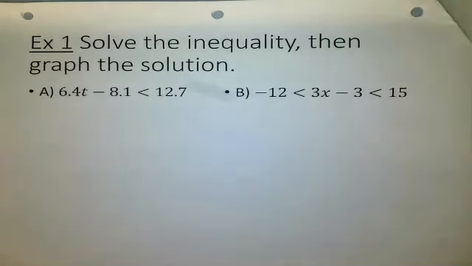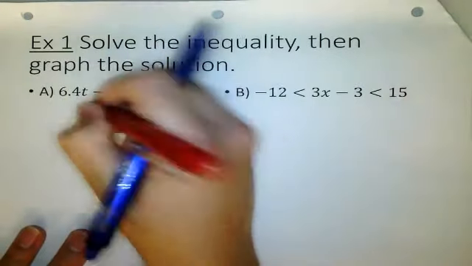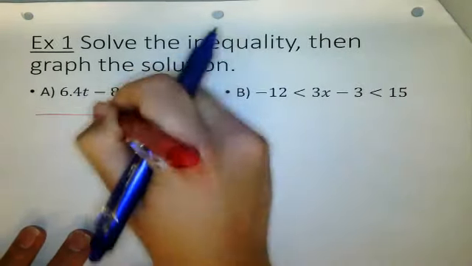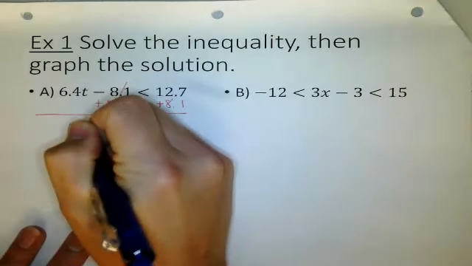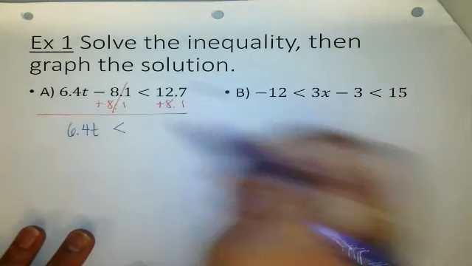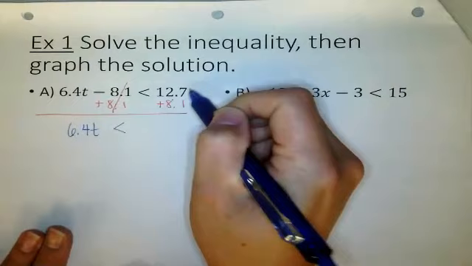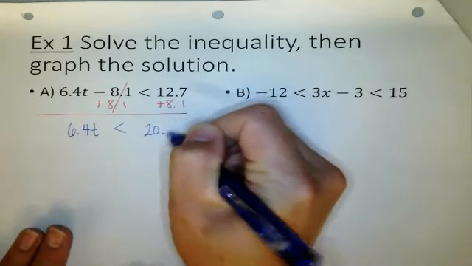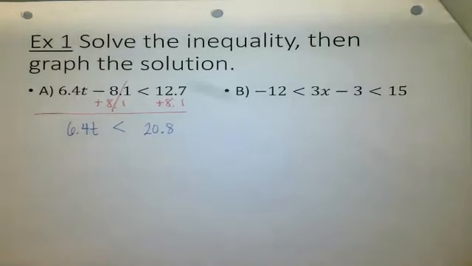Goal is the same. We need to isolate the variable. What do you want to do first? Add 8.1 to both sides, leaving me with 6.4t is less than 12.7 plus 8.1, which is 20.8. And now what do you want to do?